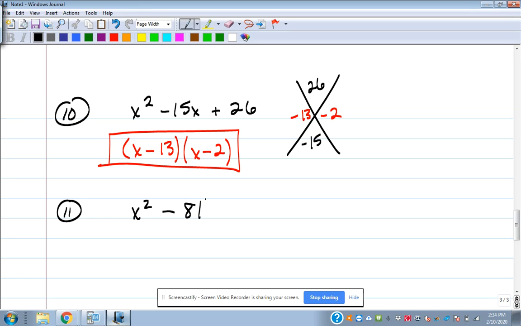Let's try that one. x squared minus 81. Difference of squares, I believe. What squared is 81? That makes it easy. x plus 9, x minus 9.